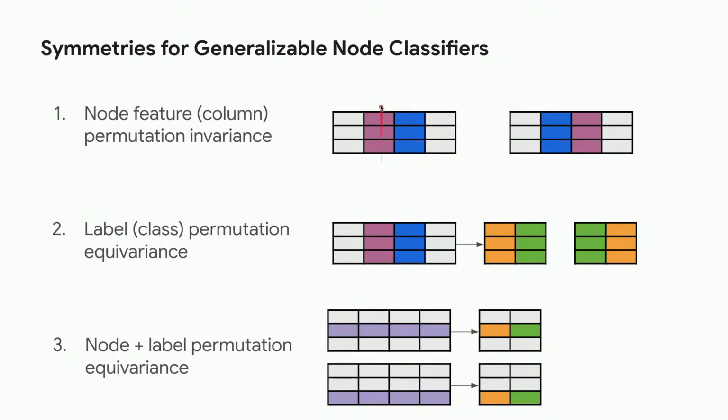If you just swap columns of your node features, the result shouldn't change. If you change the order of classes in the class labels, then the predictor should change appropriately. And if you swap rows in the node feature matrix, then you should swap labels too. Those are the three main symmetries here.